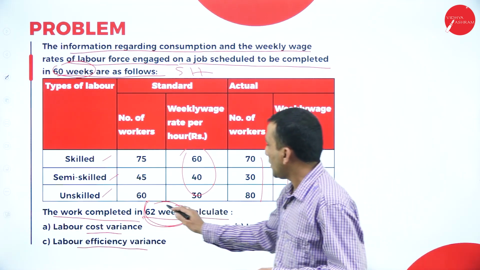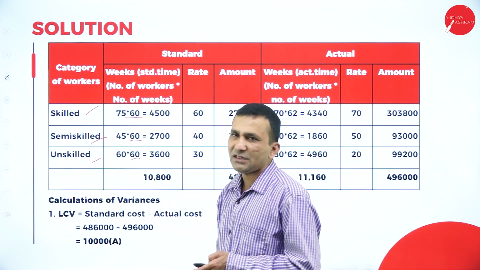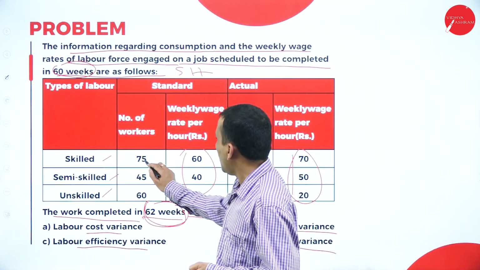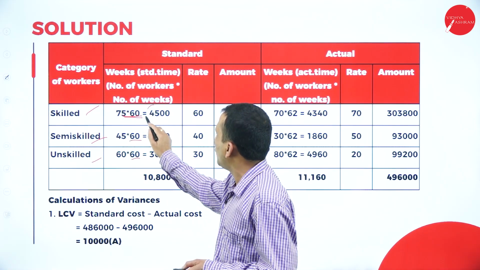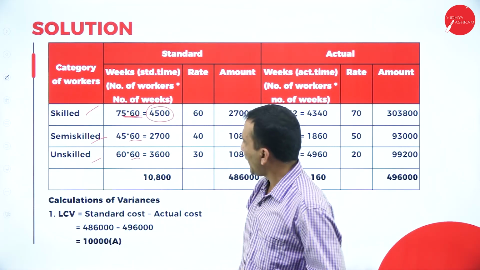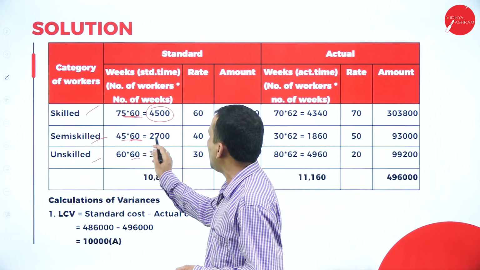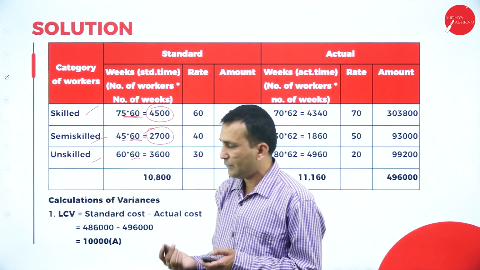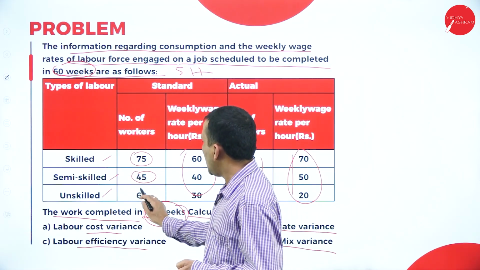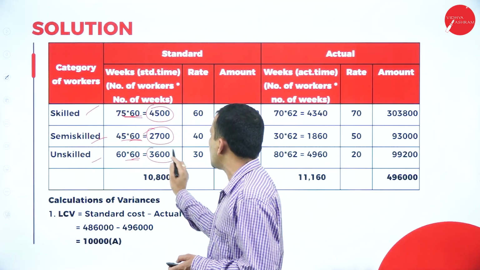Here the 60 weeks is set by the management. The skilled labor 75 into 60, if you multiply, you get 4,500. Semi-skilled is 45 into 60, which is 2,700. Next, unskilled 60 into 60, multiply 3,600.